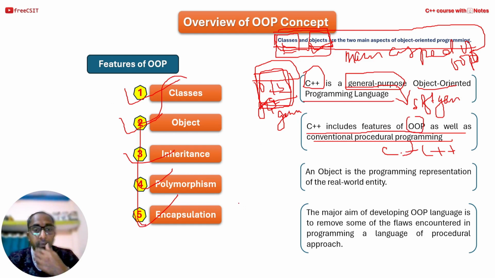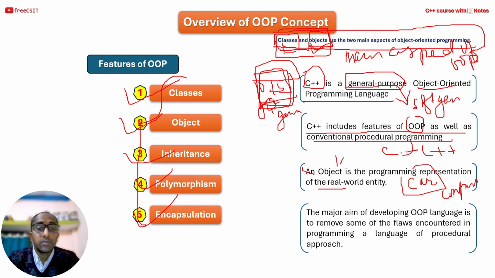And an object is the programming representation of a real world entity.